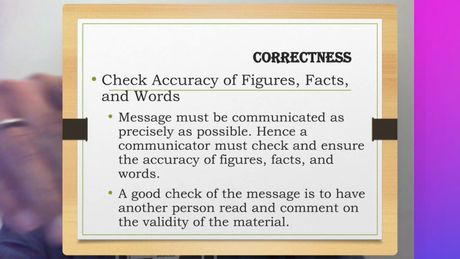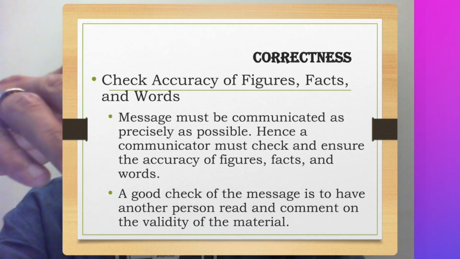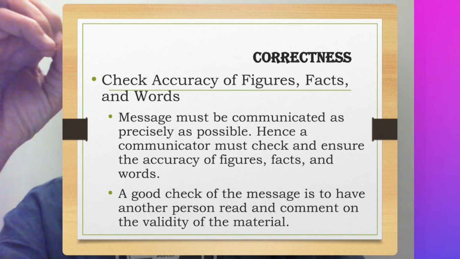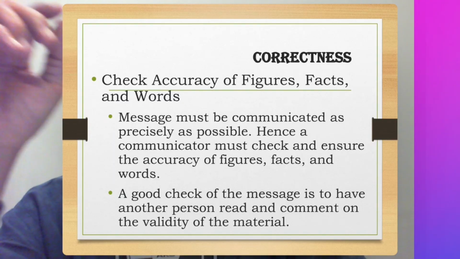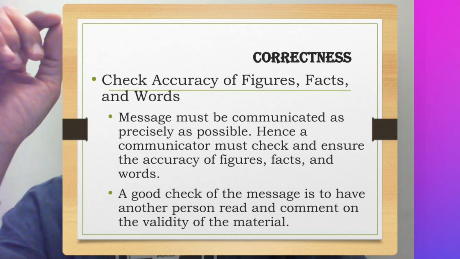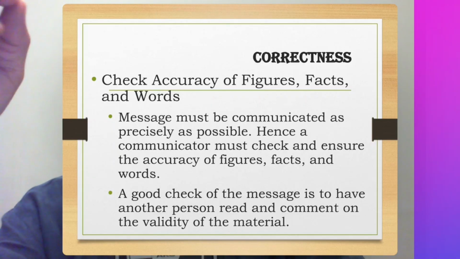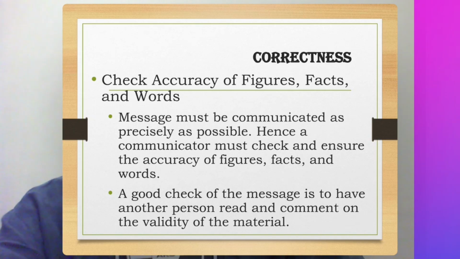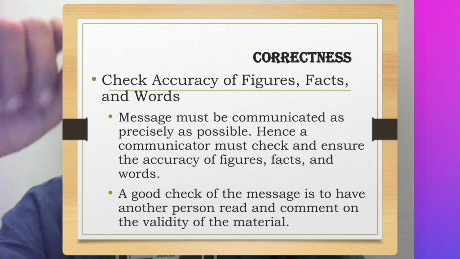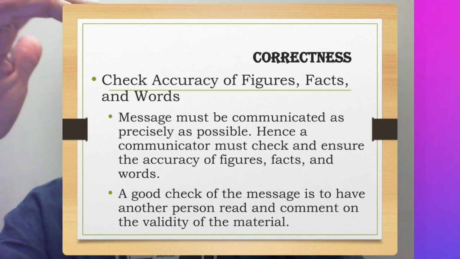So you must have another person read it, comment on it, validity of material. See, a lot of times I have seen people, if this is 2021, people are quoting figures taken from Google which are 2012, sometimes 2007 figures. So for everything that you are quoting, there must be something which is latest.